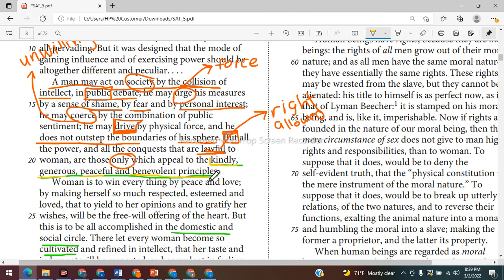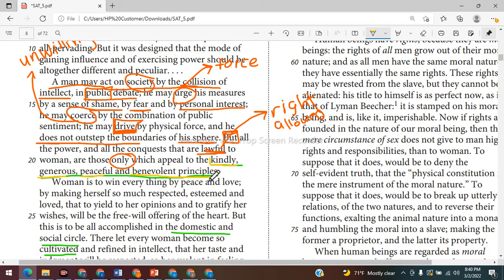What is she trying to say? To being nice, or soft, I should say. Goes to the woman. Okay. Yeah, that's a good way to put it.